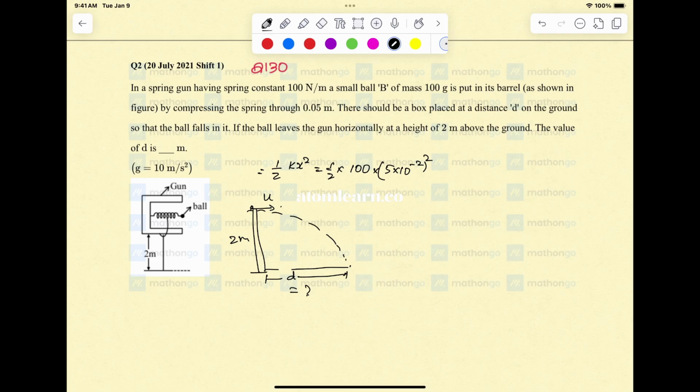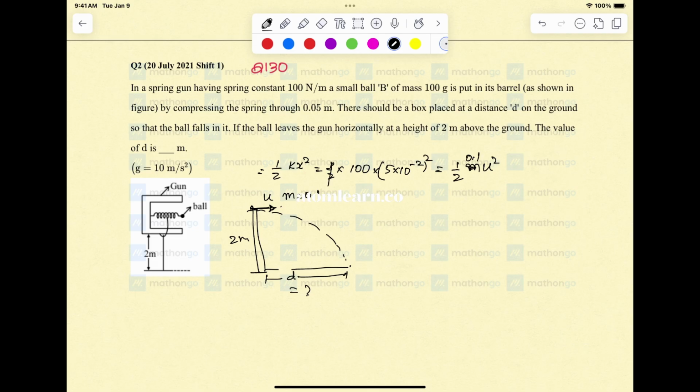Now we have to see that the spring potential energy is getting converted into the kinetic energy of the mass. The mass is also given, equal to 0.1 kg, 100 grams. Therefore, this must be equated with half m u squared. With m equal to 0.1, half into 0.1 into u squared.